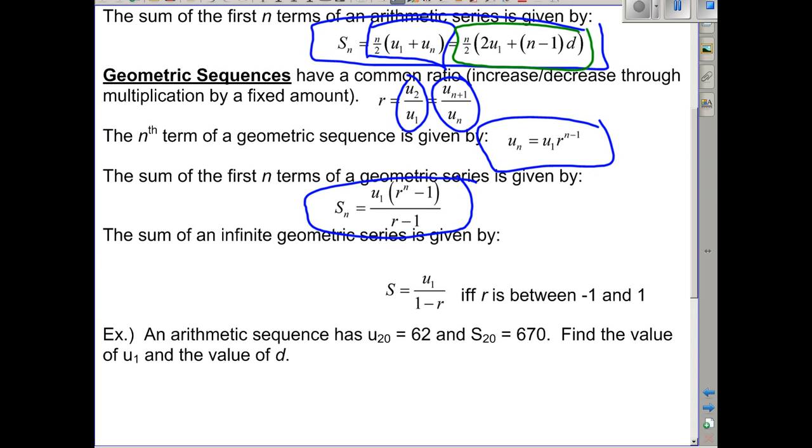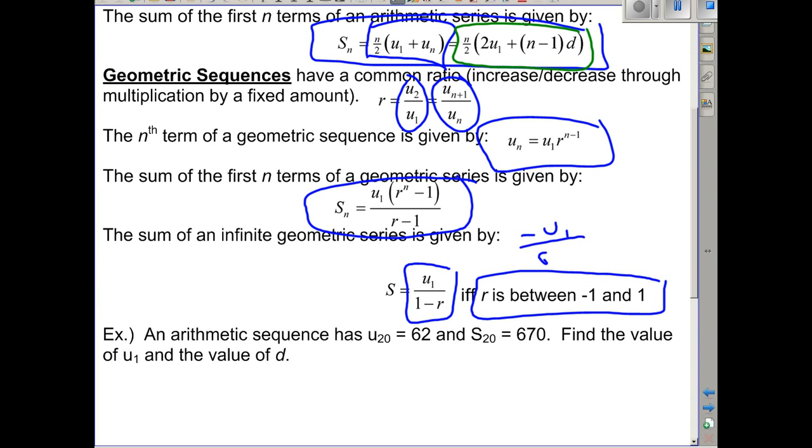And that happens if your common ratio is between -1 and 1. And that sum is given by u1 over 1 minus r. Okay, you could also call it -u1 over r minus 1. That would also work out. And there is also another formula that you could use for the Sn, which is in your formula booklet.